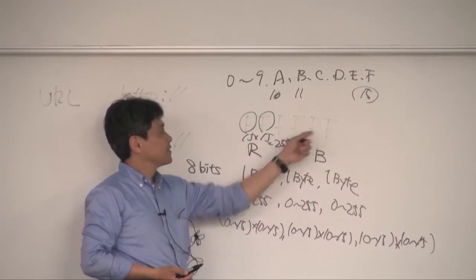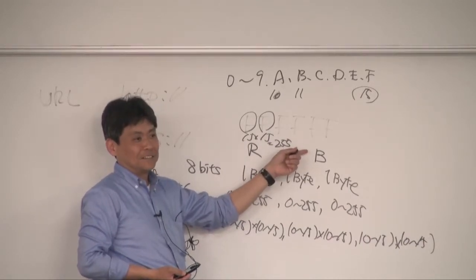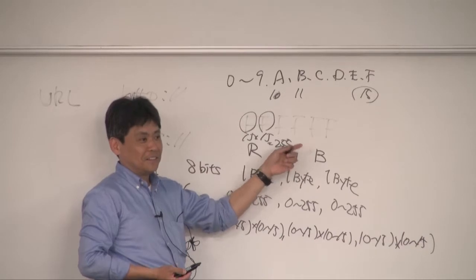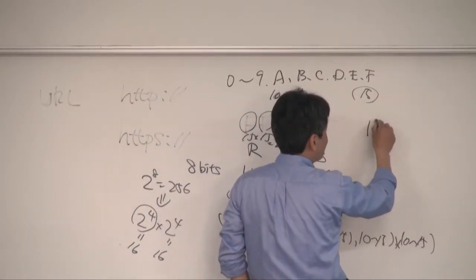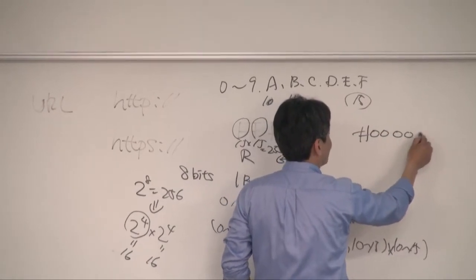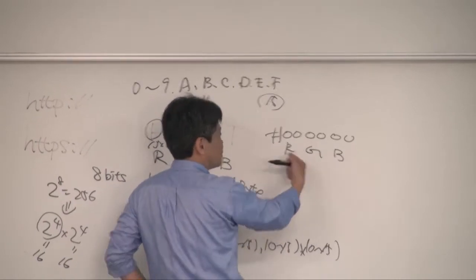In fact, this value means the white color. Contrary, if you specify 0, 0, 0 for RGB, it means black.